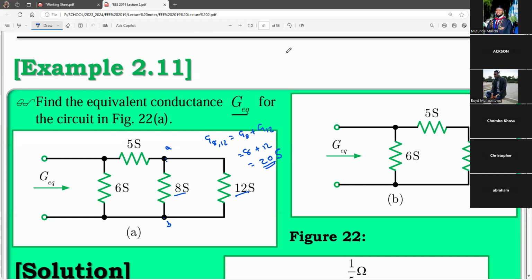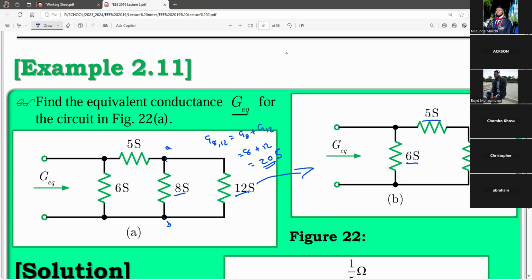So if we have that as the equivalent conductance, then we can rewrite the circuit as the one shown in figure B.